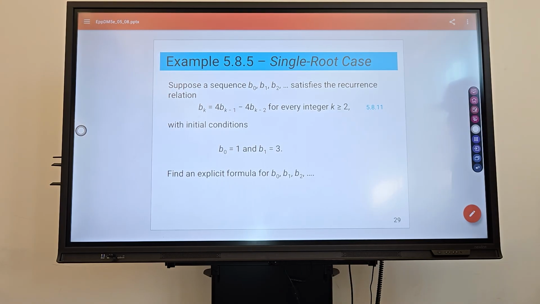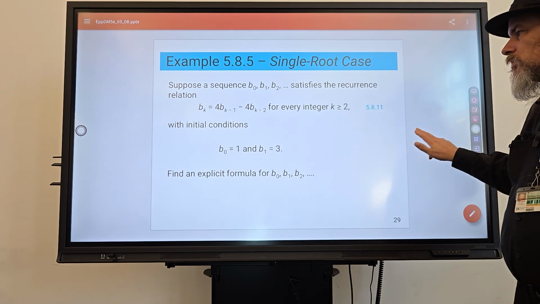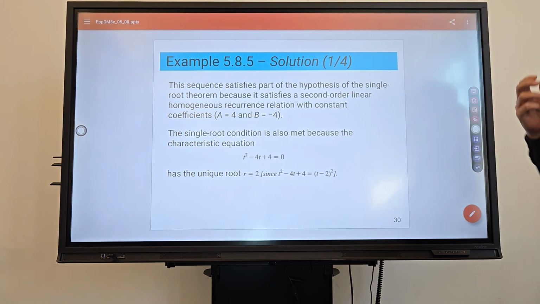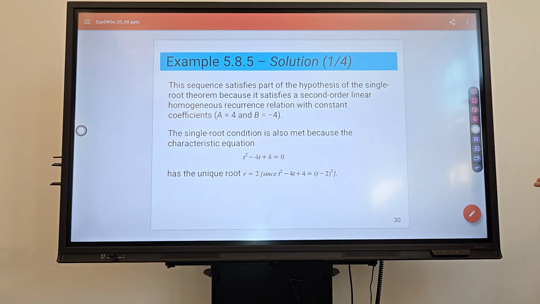Find an explicit formula for the sequence B. This sequence satisfies part of the hypothesis of the single root theorem because it satisfies a second order linear homogeneous recurrence relation with constant coefficients. The single root condition is also met because the characteristic equation t squared minus 4t plus 4 equals 0 has the single unique root r equals 2.